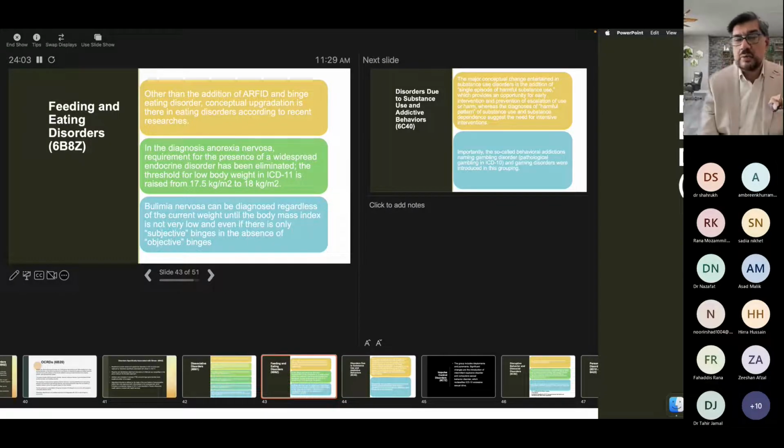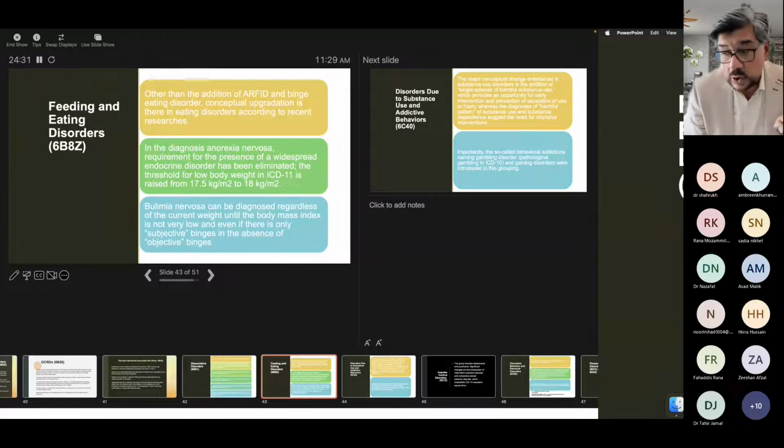Like anorexia nervosa, previously, a long time back when I started my training, it was said that the BMI should be less than 17 kilograms per meter square. It has shifted now to 18. So it's not as low as it was considered. Even people with 18 BMI are considered to be as having anorexia nervosa.